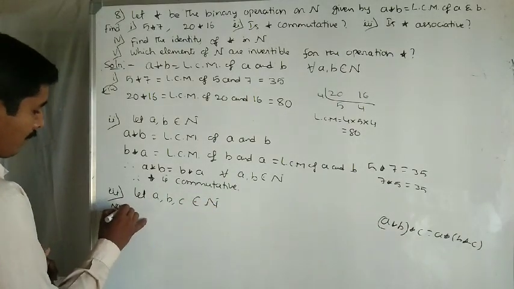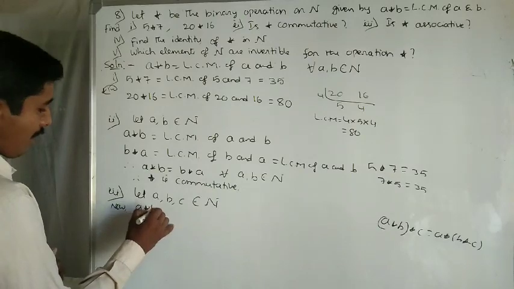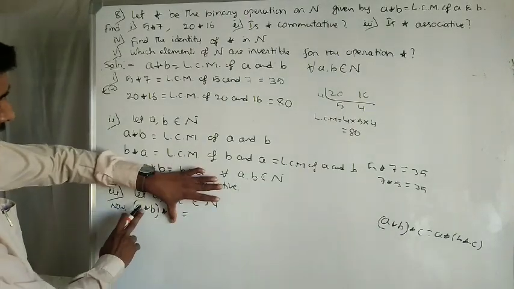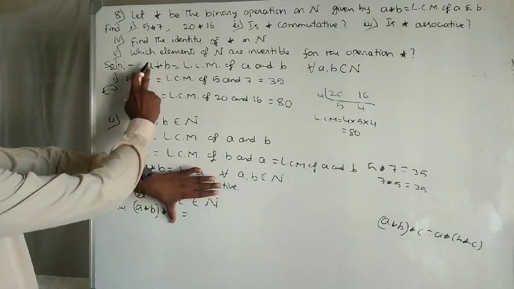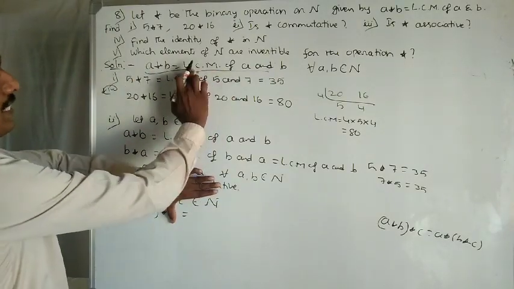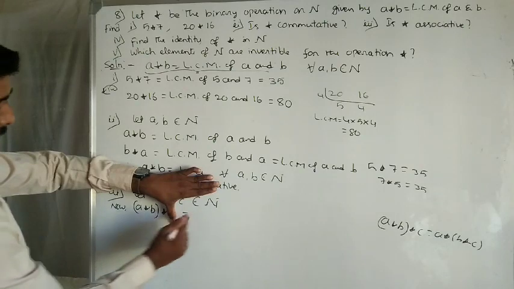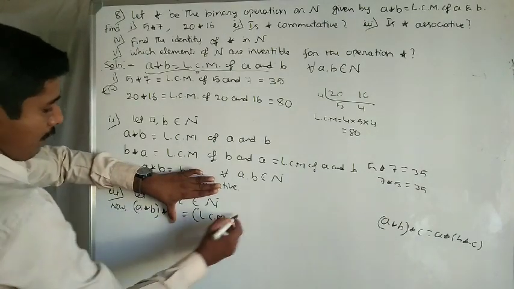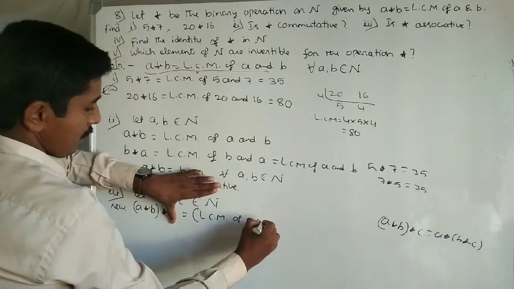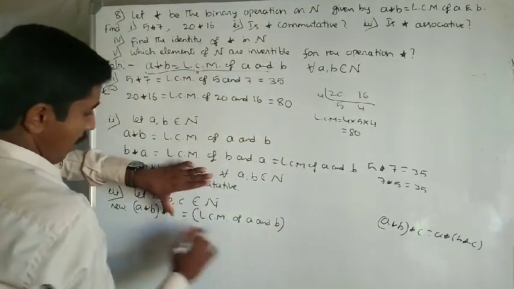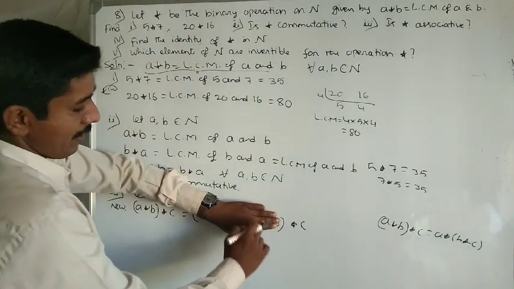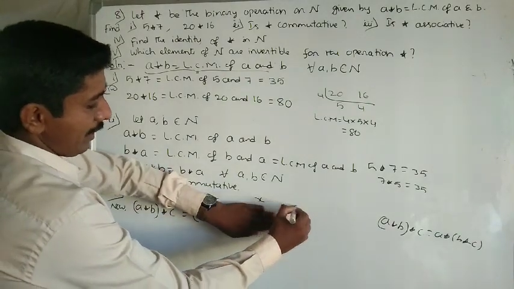LHS: A star B, of star C. First within the bracket I am defining the binary operation. A star B equal to LCM of A and B, star C. Next, this is the first element, just X star C you can take.